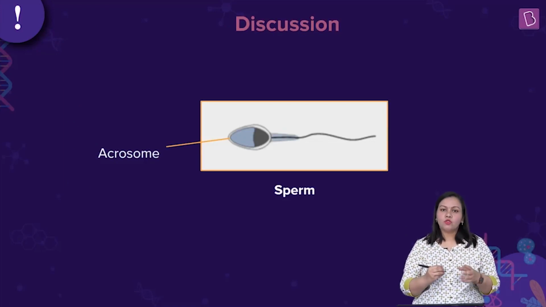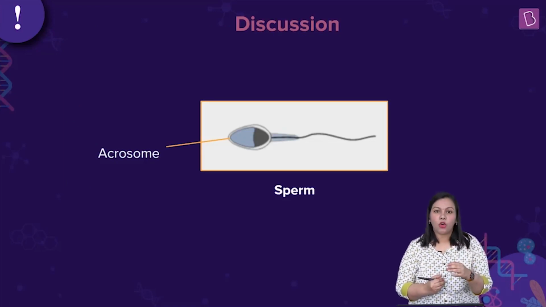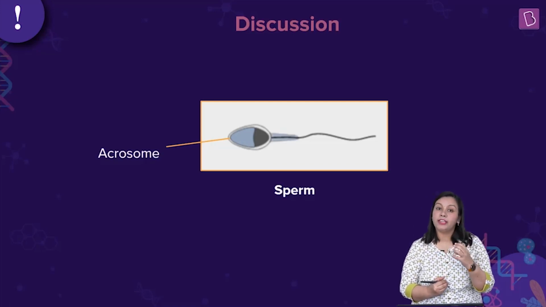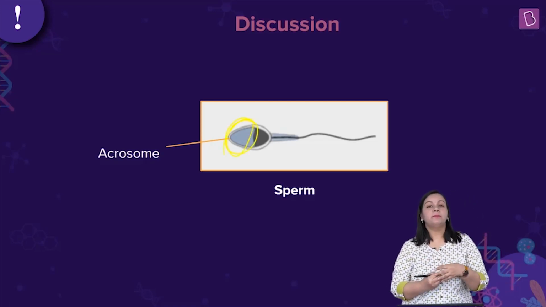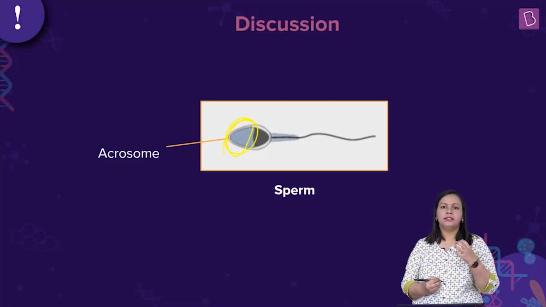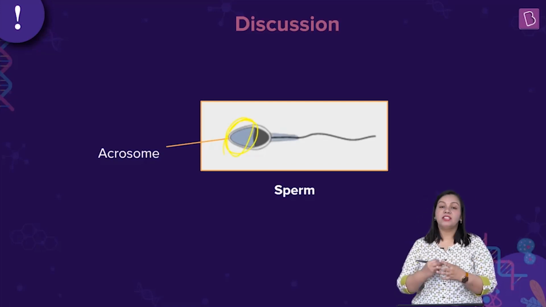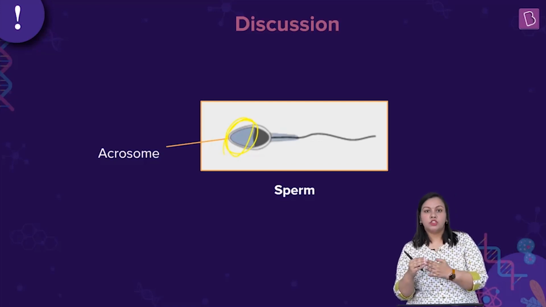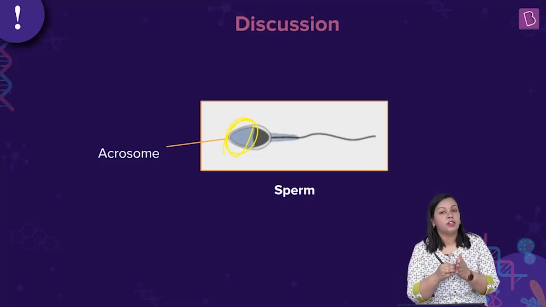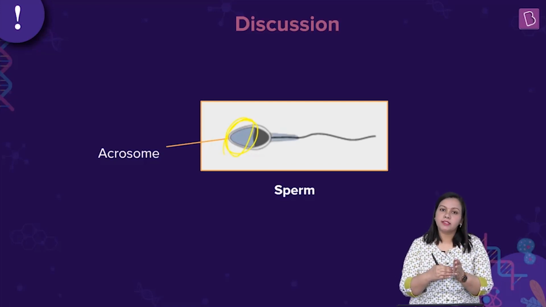The acrosome is basically a part of the tip of the sperm, or the head of the sperm, like you see here. This tip of the sperm stores degradative enzymes which help the sperm to attach onto the egg during fertilization. And why is this important?